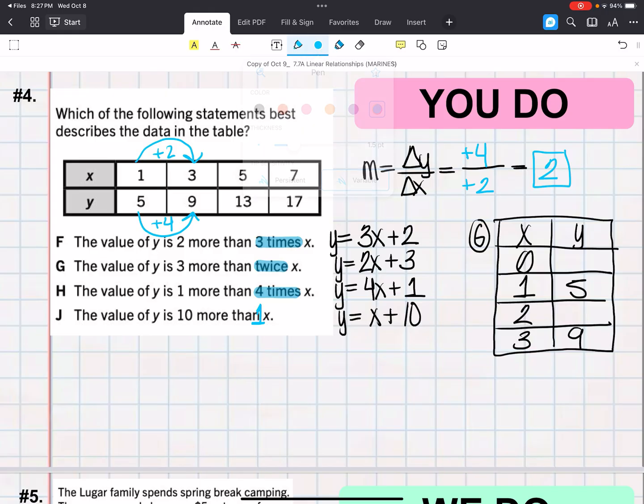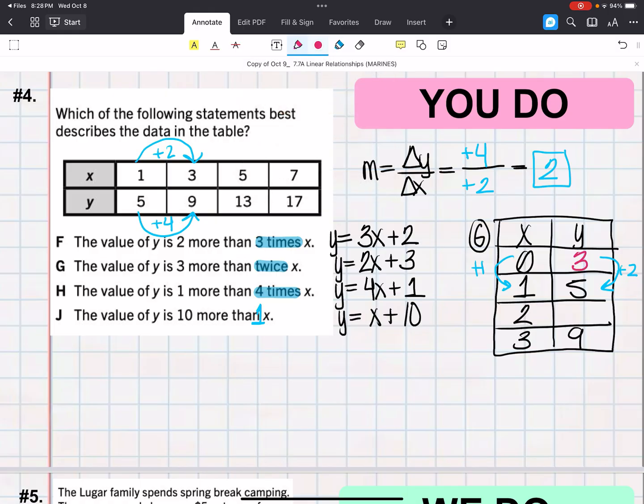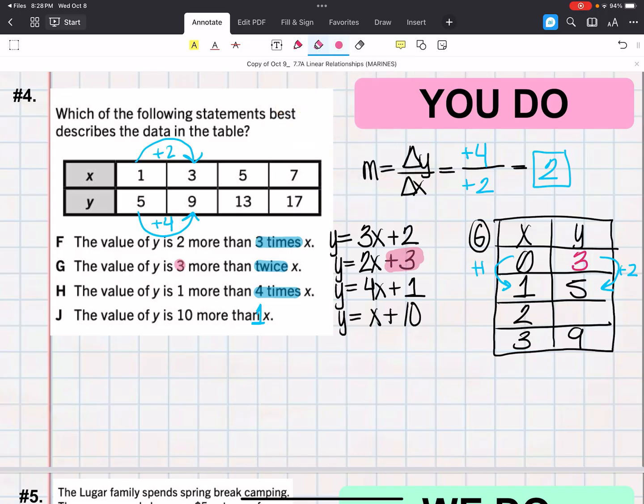We said our rate of change is 2. So for every 1 of x, I'm adding 2 to y. And what can I add to 2 to get 5? Well, that would be the 3, which we have right here in our initial amount. So for number 4, your answer should be G.